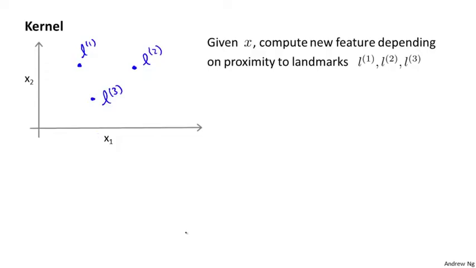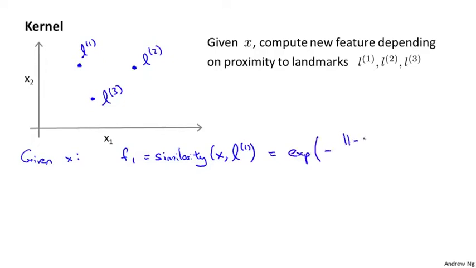What I'm going to do is define my new features as follows. Given an example x, let me define my first feature, f1, to be some measure of the similarity between my training example x and my first landmark. And the specific formula that I'm going to use to measure similarity is e to the minus the length of x minus L1 squared, divided by 2 sigma squared.